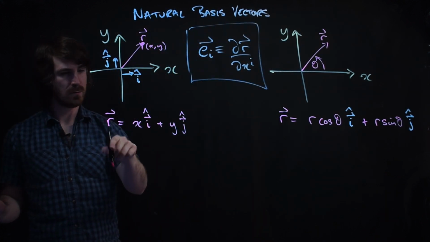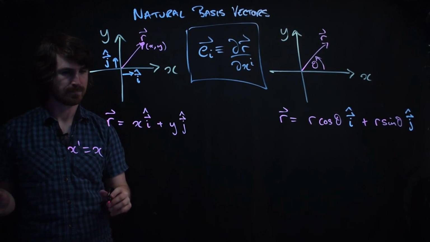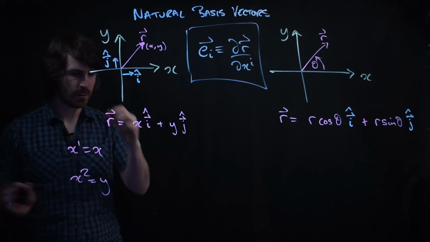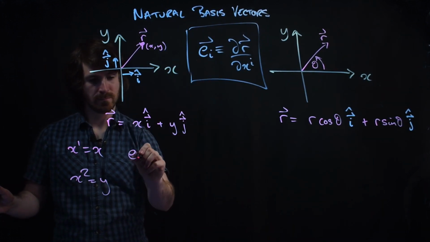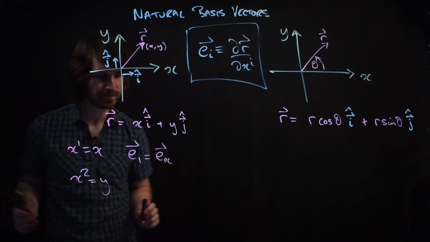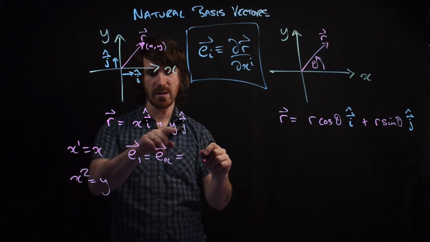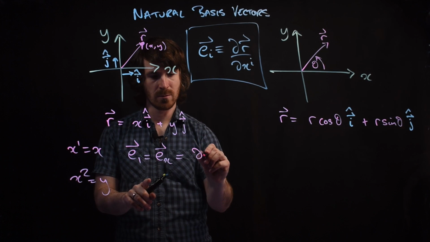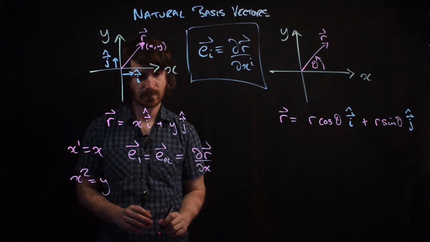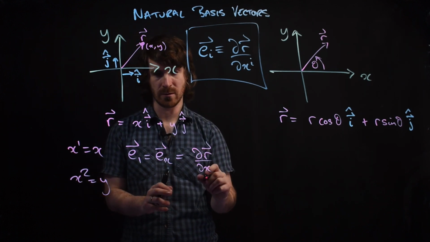So here our x1 is x and our x2 is y. So our E1, which we can call E_x, is equal to the partial derivative of this with respect to the x coordinate, keeping the other coordinates constant.